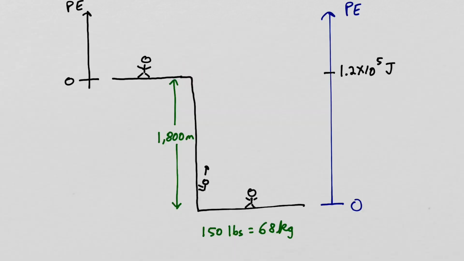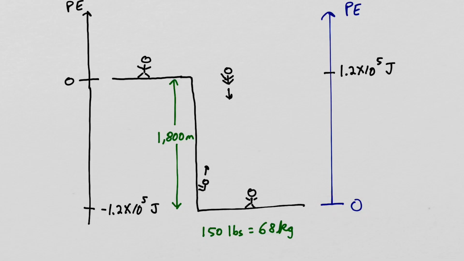You could jump off the Grand Canyon and turn your potential energy into kinetic energy, and you would measure your kinetic energy when you hit the bottom as 1.2 times 10 to the 5th joules. So you would each measure the same potential difference, and you are each equally valid in choosing your reference for your measurement of your gravitational potential energy.